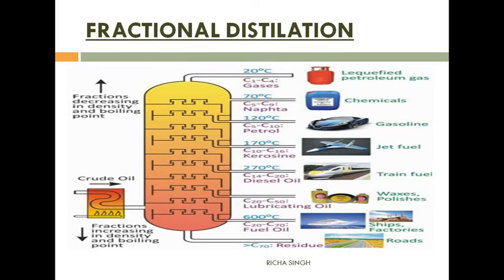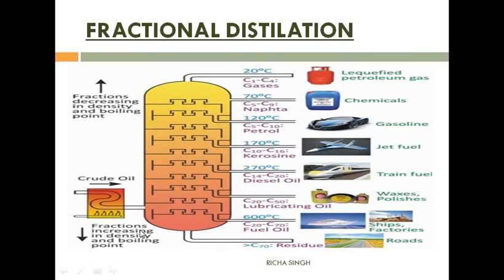Then the vapors will come out. As the vapor moves up, the high boiling components get condensed and the lower boiling components keep moving up, condensing in the column, and the uncondensed fractions come down and are then separated.